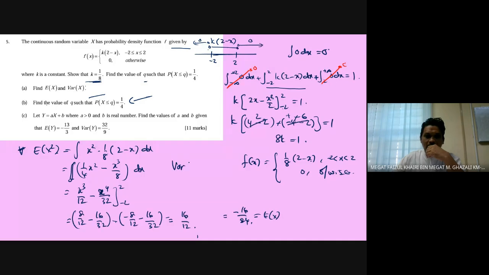So then variance of x, which is 16 over 12 minus expected of x squared, which is negative 16 over 24, equal to, okay, so for this one, I think that, try to finalize the answers of this, because I'm quite confused with this one here.